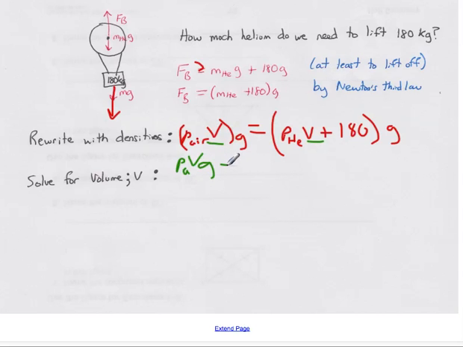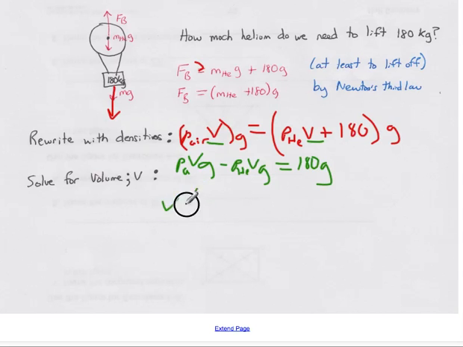So rho of air times volume times g, minus rho helium times volume times g, and that's equal to 180 kilograms times g.